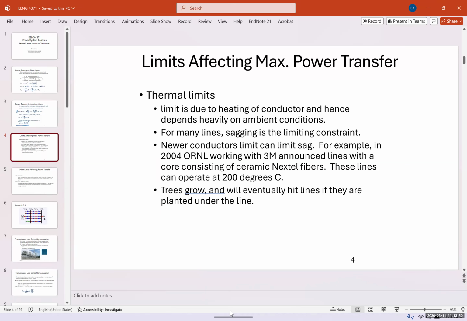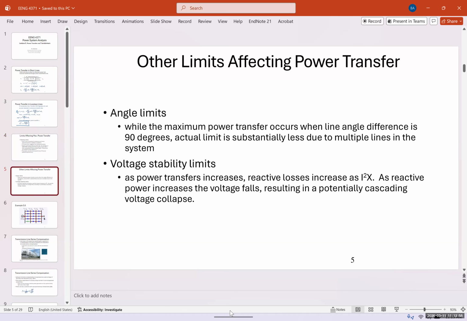That's one reason that we have these high voltage transmission lines very high up off the ground, because we don't want them to contact any trees.